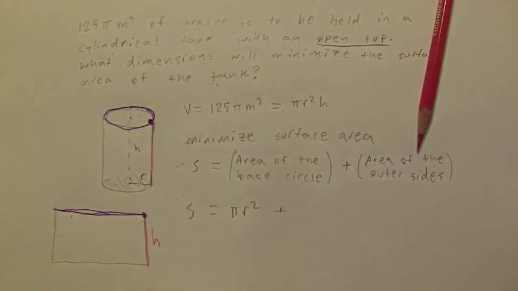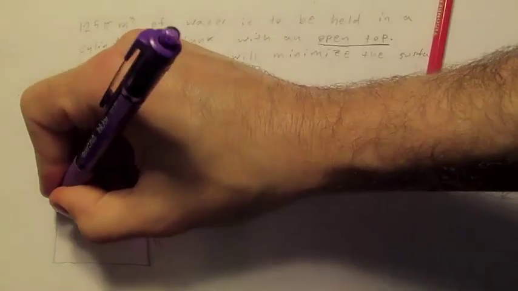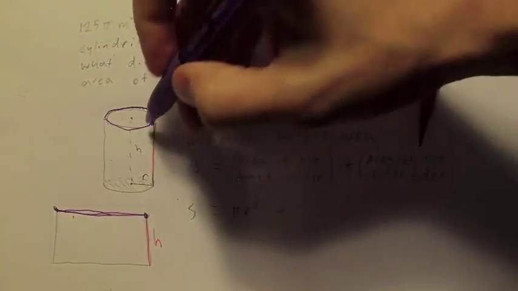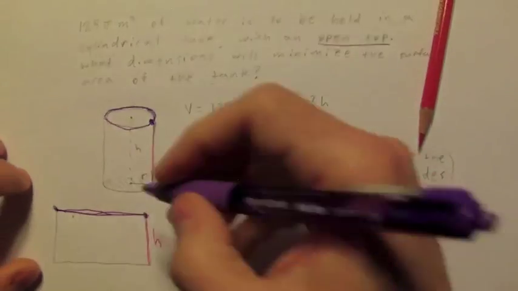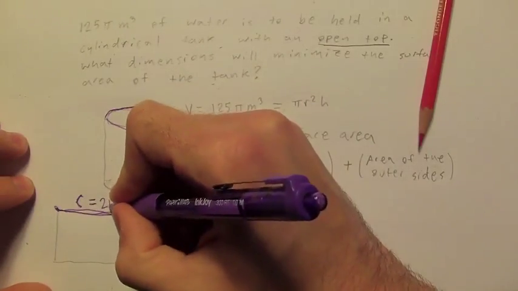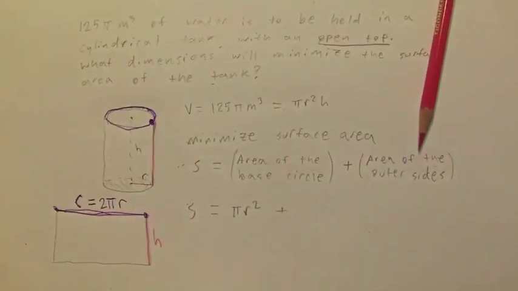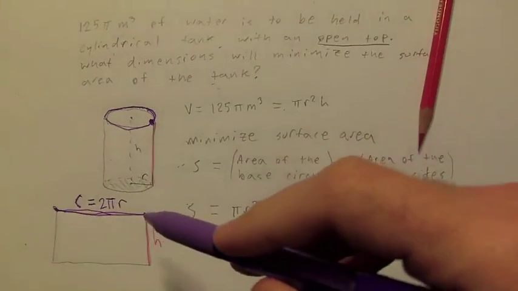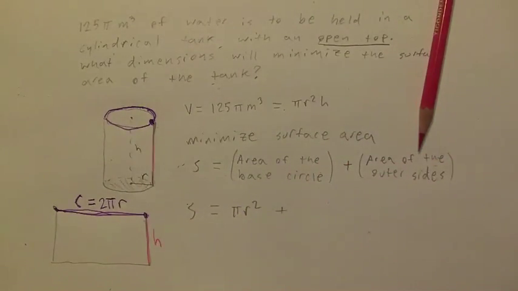And that's the circumference of the circle. Right? That's the circumference, which is 2 pi r. Okay, so this is a 2 pi r by h rectangle.